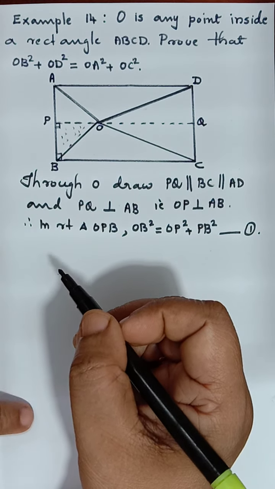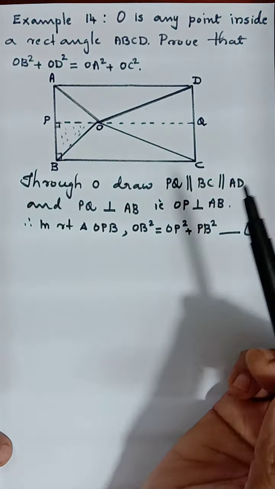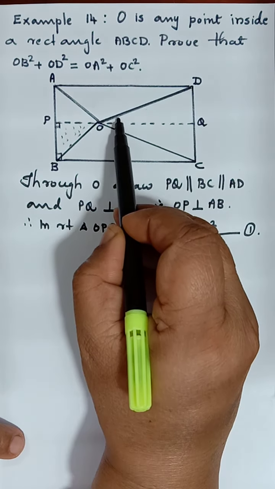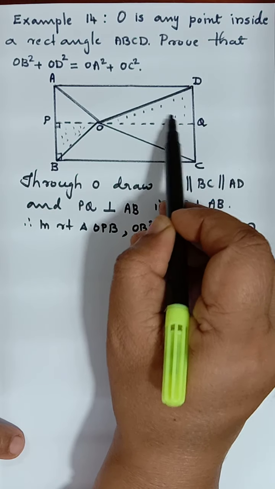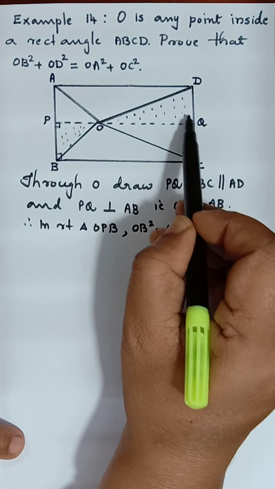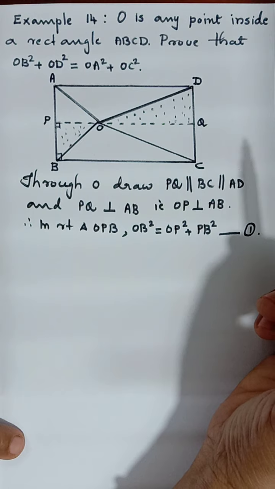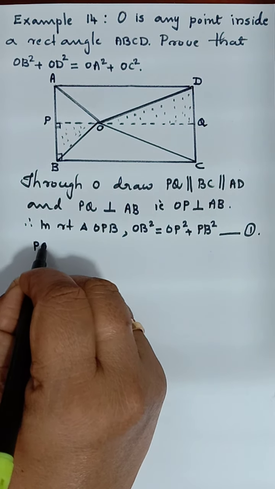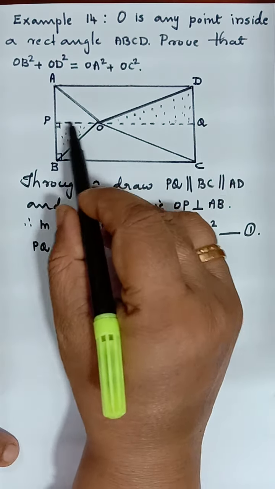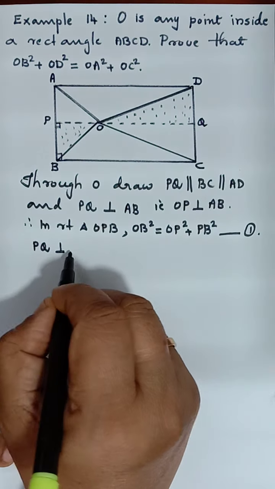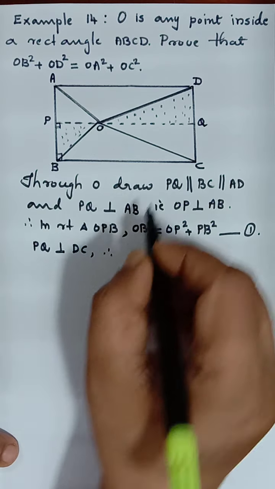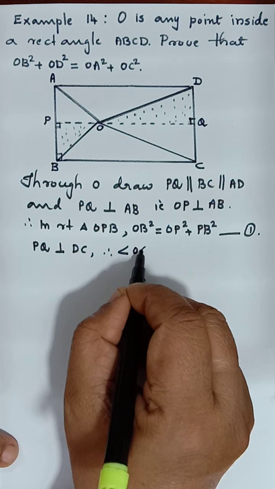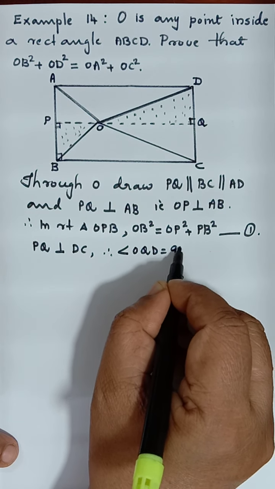Similarly, let us take OD square. OD is a part of the right triangle OQD. Here PQ is perpendicular to CD, so PQ is perpendicular to DC. Therefore, this angle OQD equals 90 degrees.